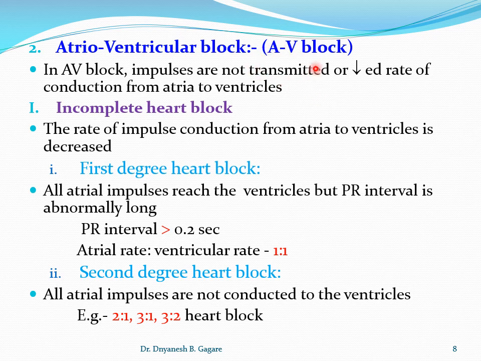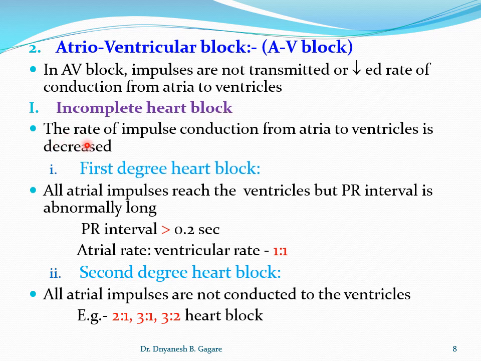Yes. So as per the exact problem, whether it is a transmission problem or a decreased rate, it is again divided into incomplete heart block and complete heart block. Under incomplete heart block, again we have two types: first degree heart block and second degree heart block. So first, what is incomplete heart block?